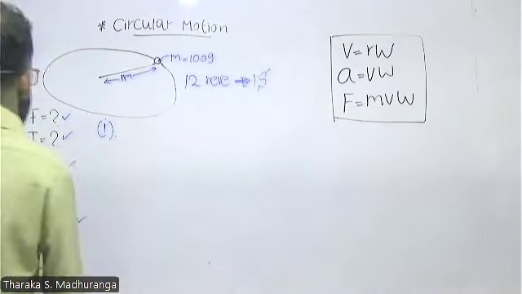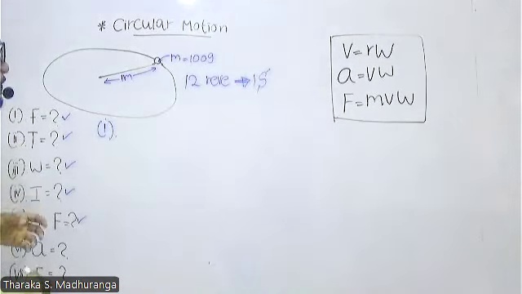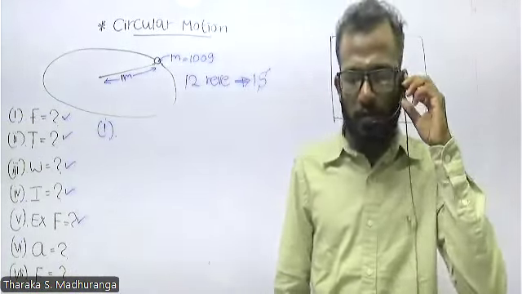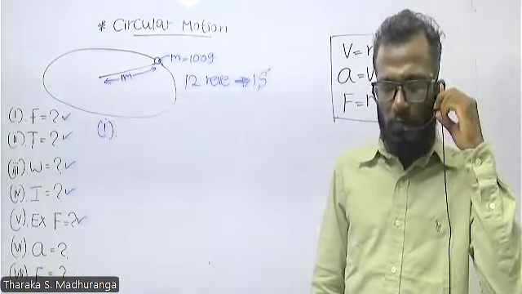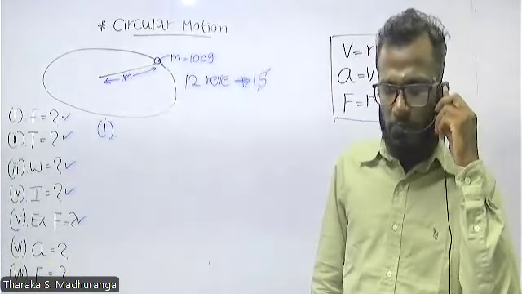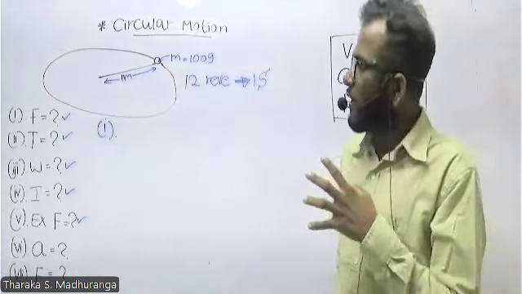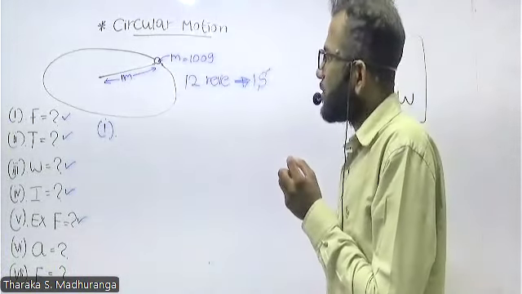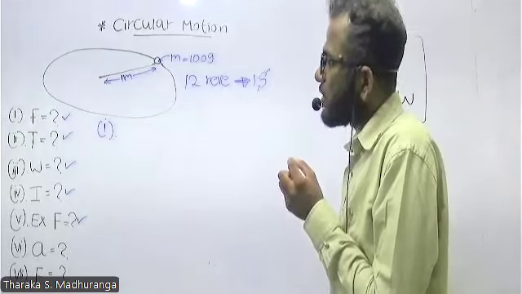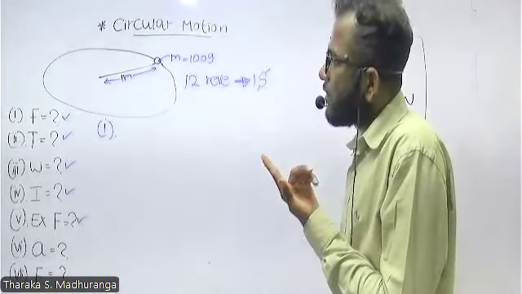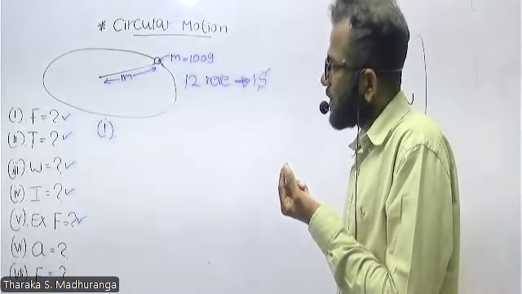First part. What is the answer? The frequency. What is the frequency? That's a 100-gram object. It rotates on a horizontal plane with a 1 meter string.